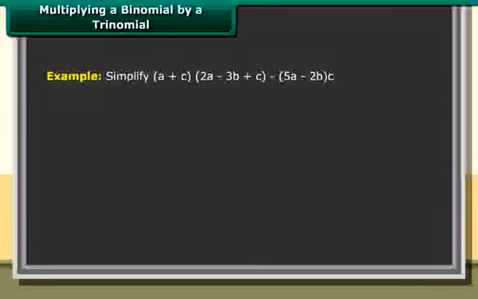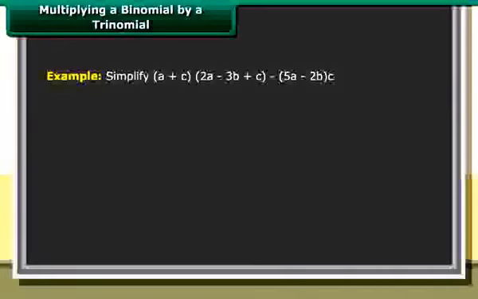Example, simplify a plus c into 2a minus 3b plus c minus 5a minus 2b into c.